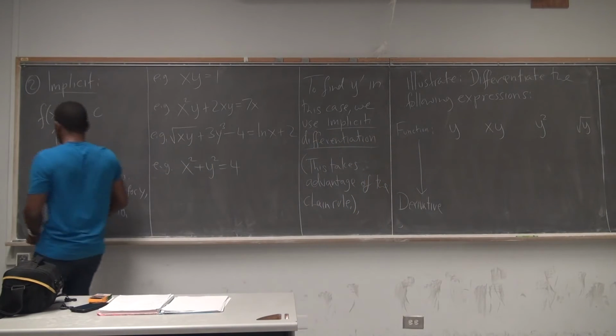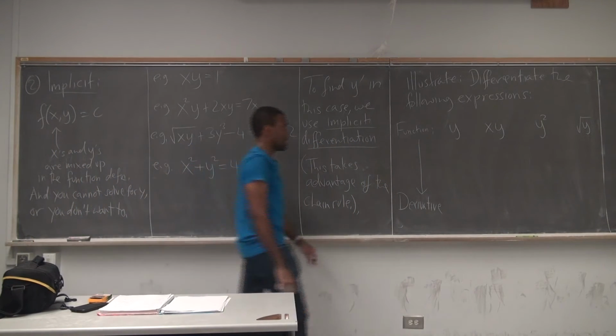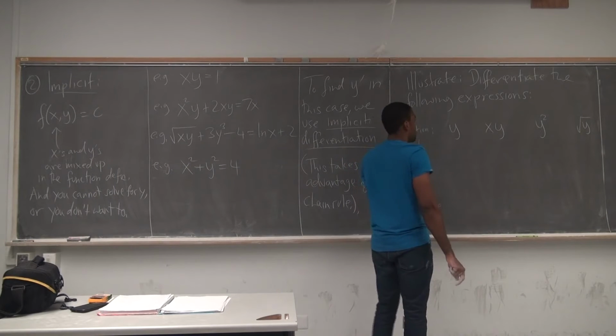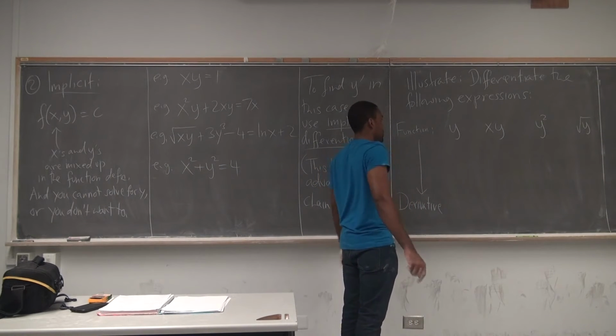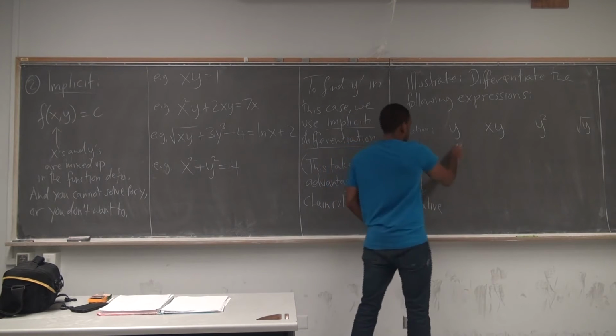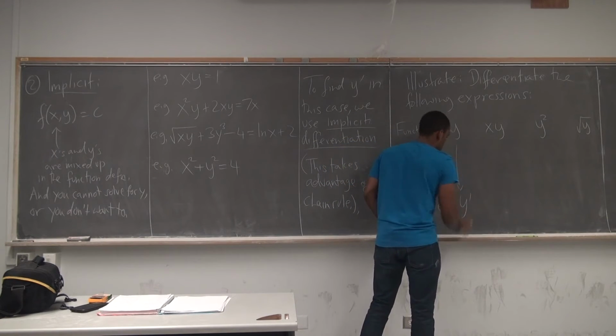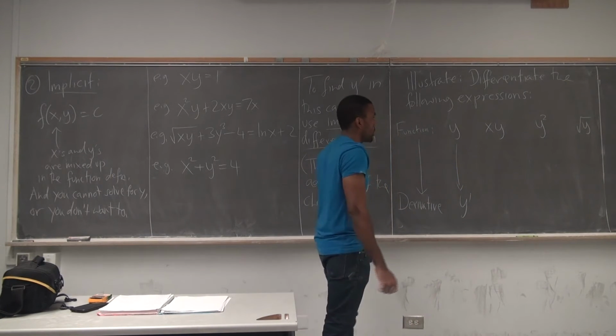Start out slow and then we'll make it more complicated. So this is just an expression, y by itself. How do I find its derivative? It's really just y prime. The derivative of y is y prime.